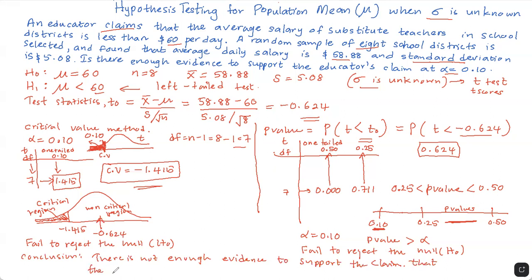The educator's claim is the average salary is less than $60 per day. So we fail to reject the null. Therefore, there is not enough evidence to support the claim. Claim is under null hypothesis. So this is the conclusion of this problem.